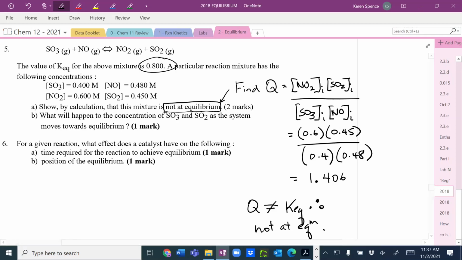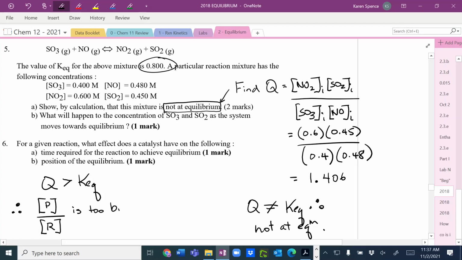What will happen to the concentration of SO3 and SO2 as the system moves towards equilibrium? Well, in addition to it not being equal, Q is bigger than KEQ. Therefore, our product over reactant is too big. Therefore, it's going to shift to the left to make more reactant and use up some product.